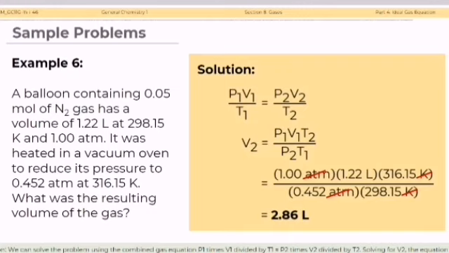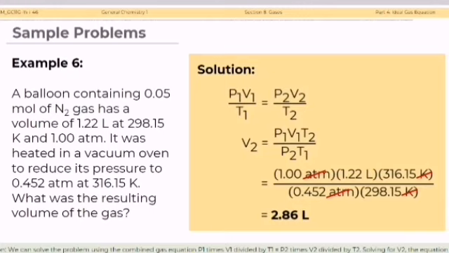Solution. We can solve the problem using the combined gas law, where P1 times V1 divided by T1 equals P2 times V2 divided by T2. Solving for V2, the equation becomes V2 is equal to P1 V1 T2 divided by P2 and T1.